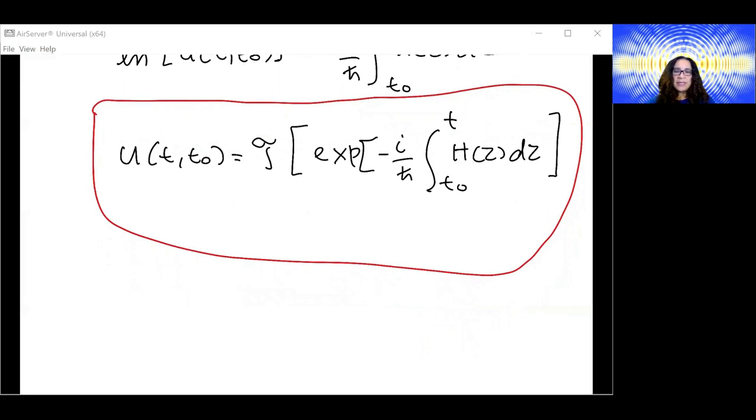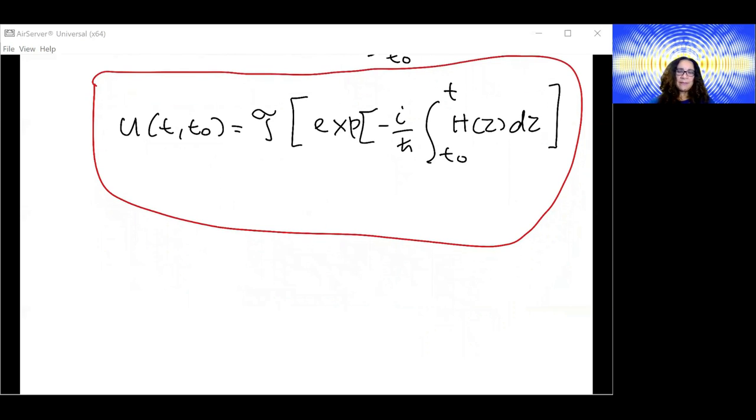But we are concerned now about a very particular case, which is if our Hamiltonian is time independent. So we're going to have a look.